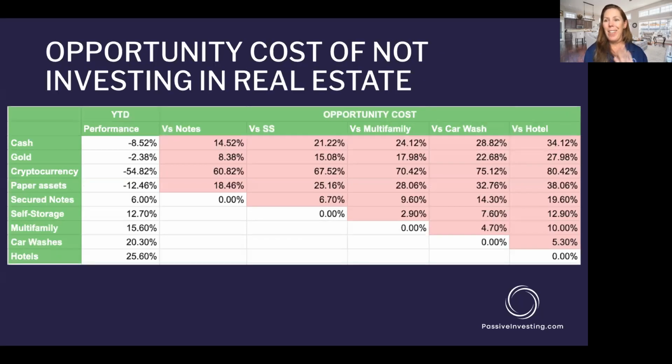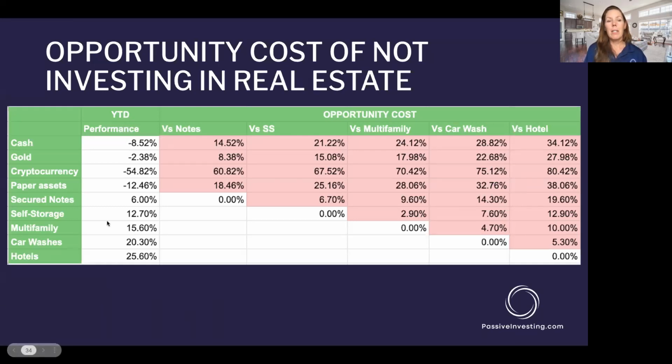So if we take that formula from the very beginning, opportunity cost, which is what you're currently holding versus what you could be investing in, what you're investing in minus what you're currently holding, that is the opportunity cost.